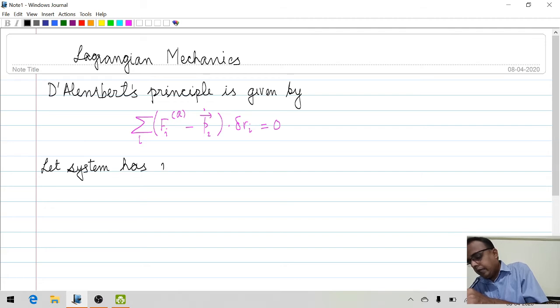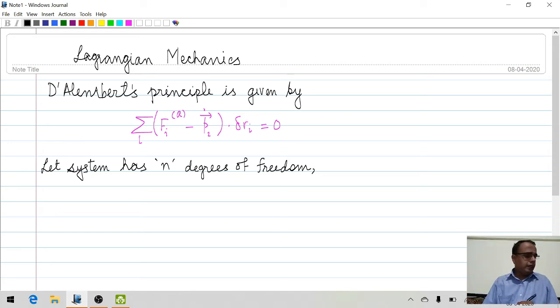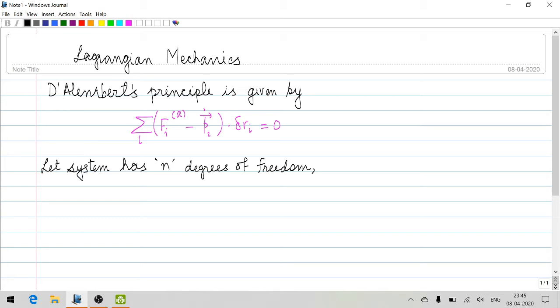So let the system has n degrees of freedom, and let us say q1, q2, ... qn are generalized coordinates.